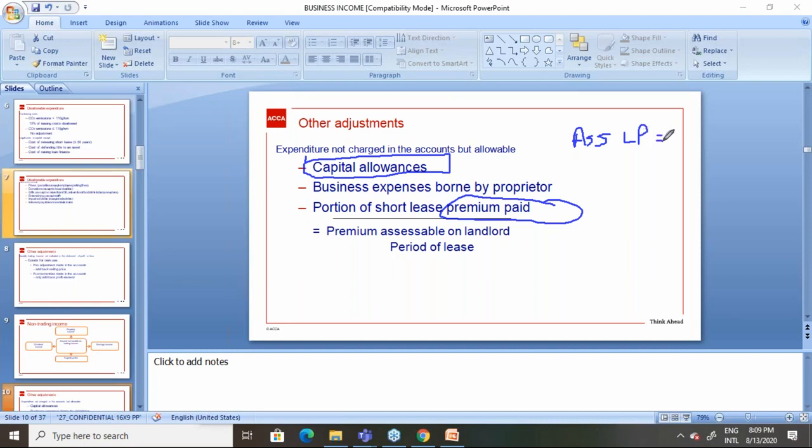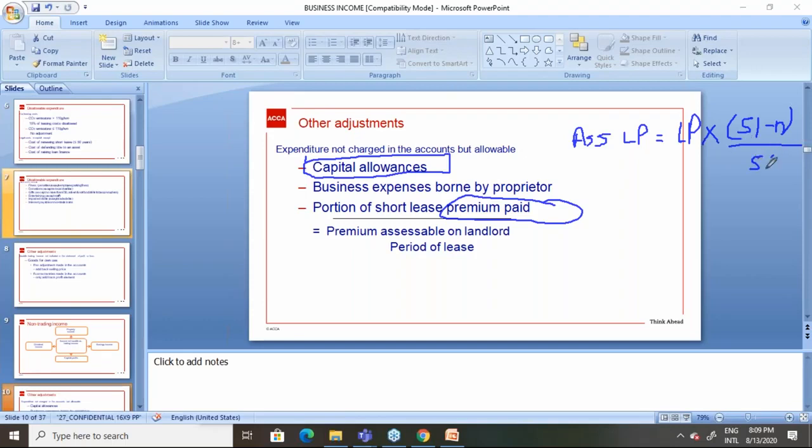We are using two methods to calculate this answer. I am using this method, that is lease premium times (51 minus n) divided by 50.